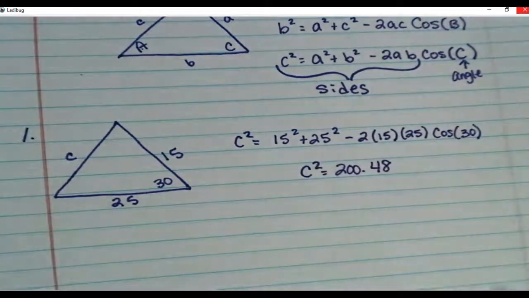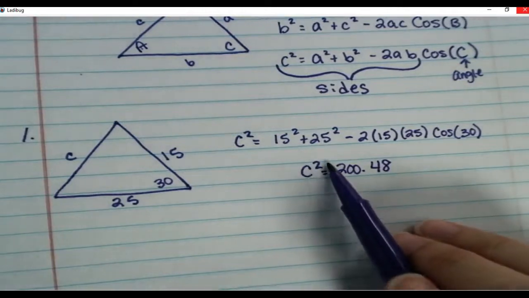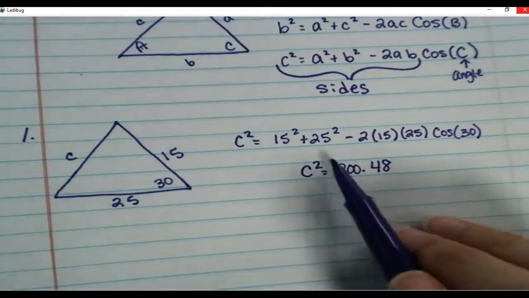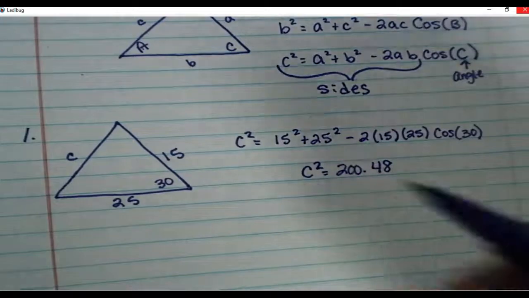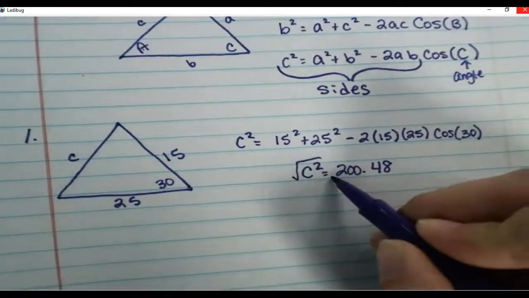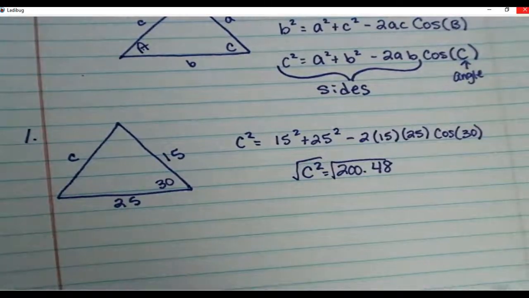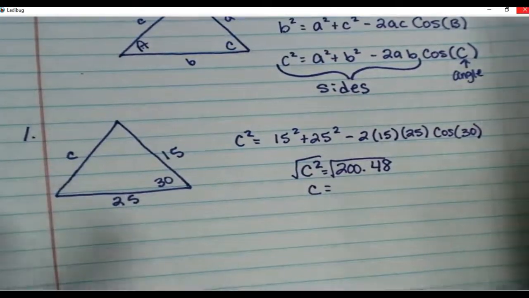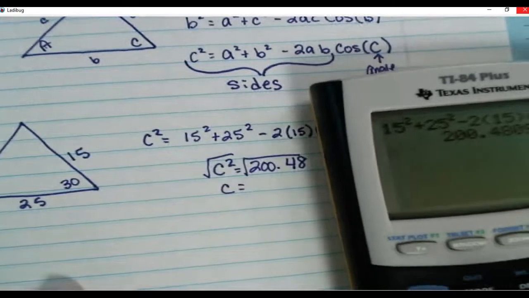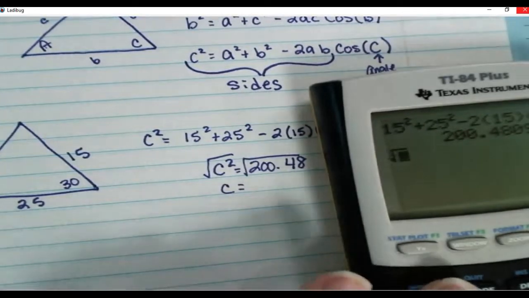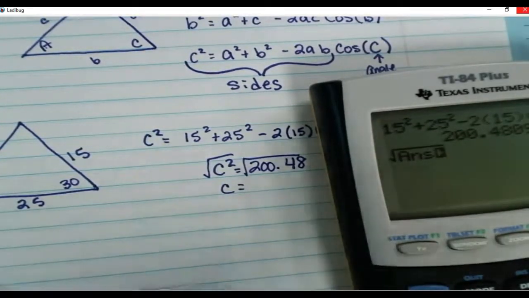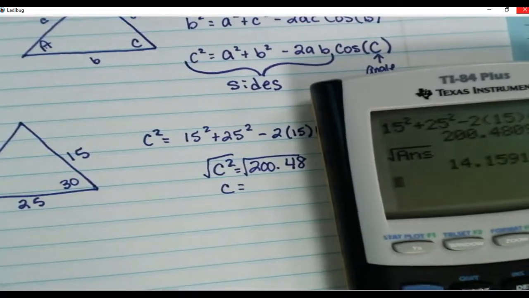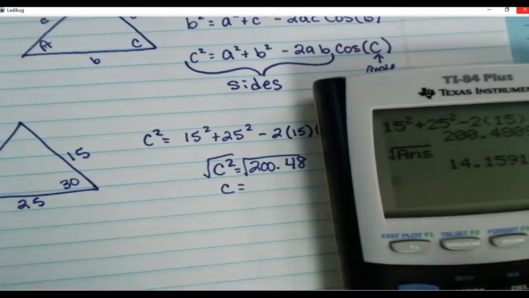So is that it? No. Good. So it's c squared. So we don't want c squared, we just want c. So to get rid of the square, take the square root. And so just like yesterday, you can type in the square root and then you can hit that second negative and that'll bring that whole decimal down there and then you don't lose any of them. And so we get about 14.16.